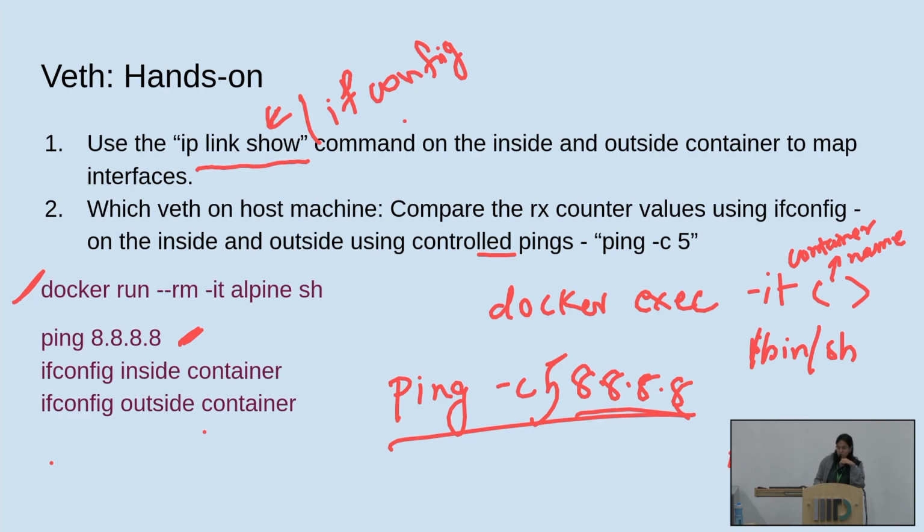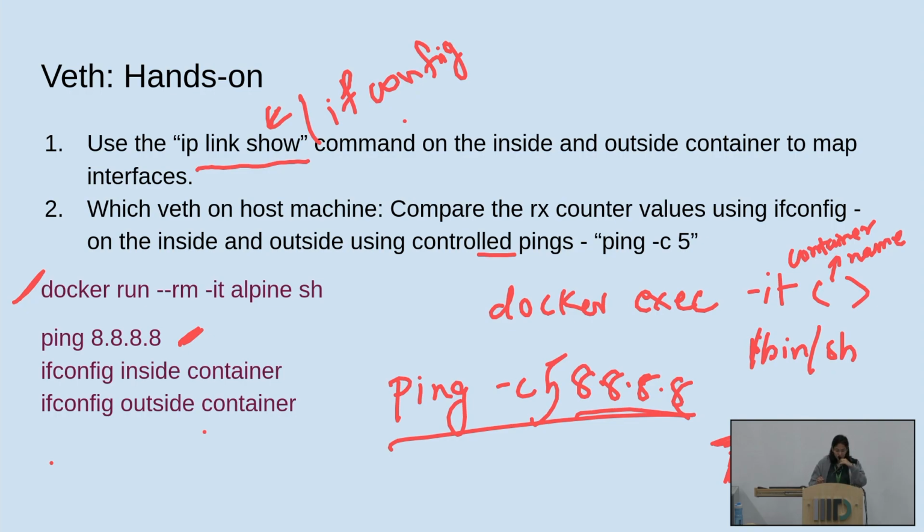There is a huge amount printed, but there will be something printed after TX in terms of bytes. That is the number of bytes that were sent out from your container. What's that value? You got some number, right?